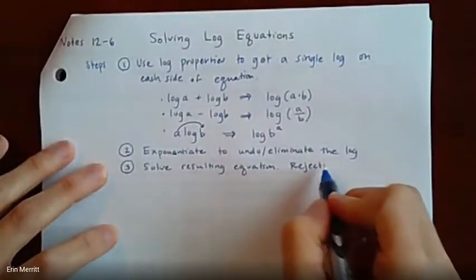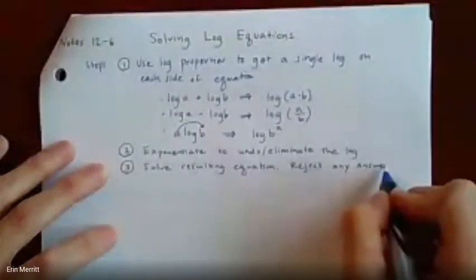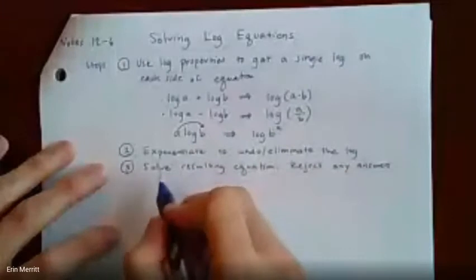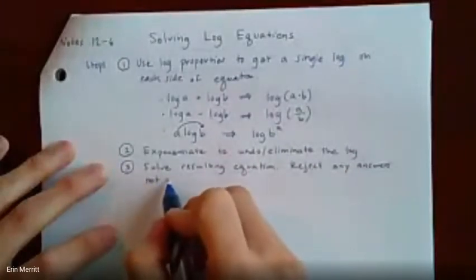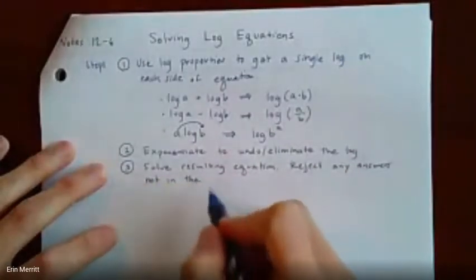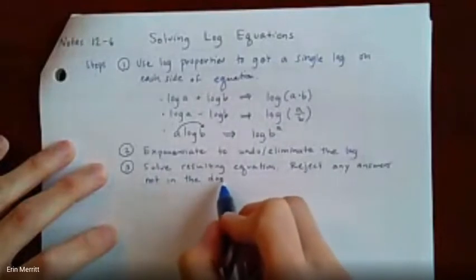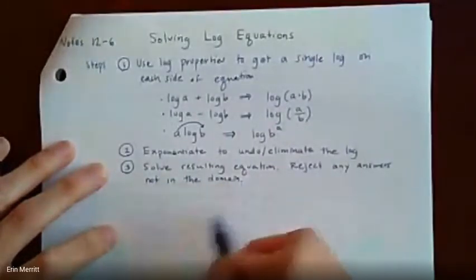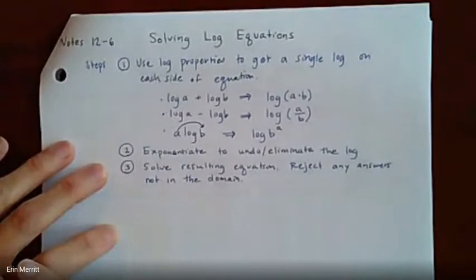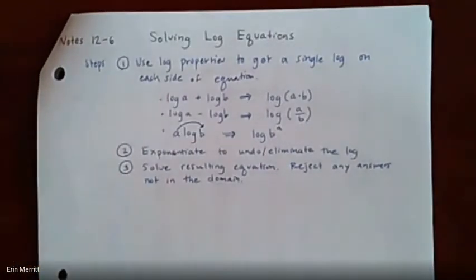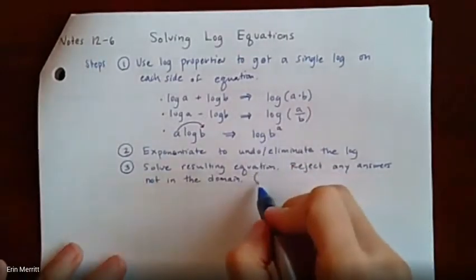One thing to keep in mind, you do need to reject any answers not in the domain. And from the notes from yesterday, what you want to remember is you cannot take the log of anything negative.